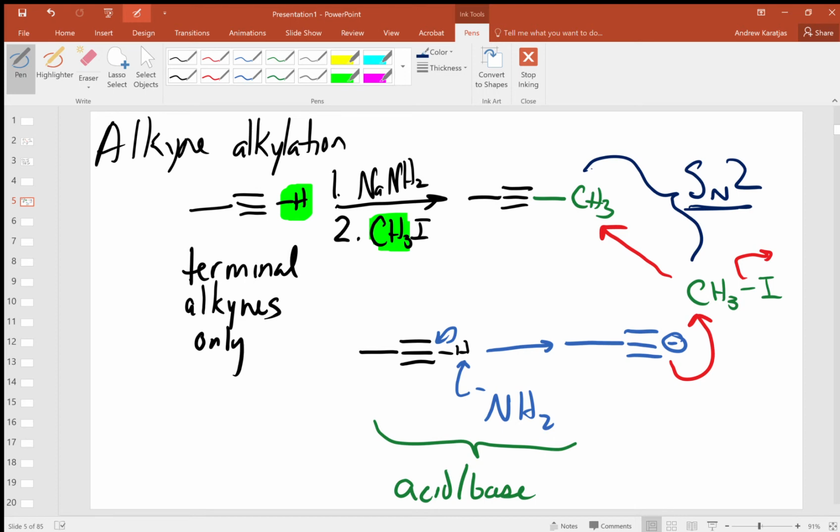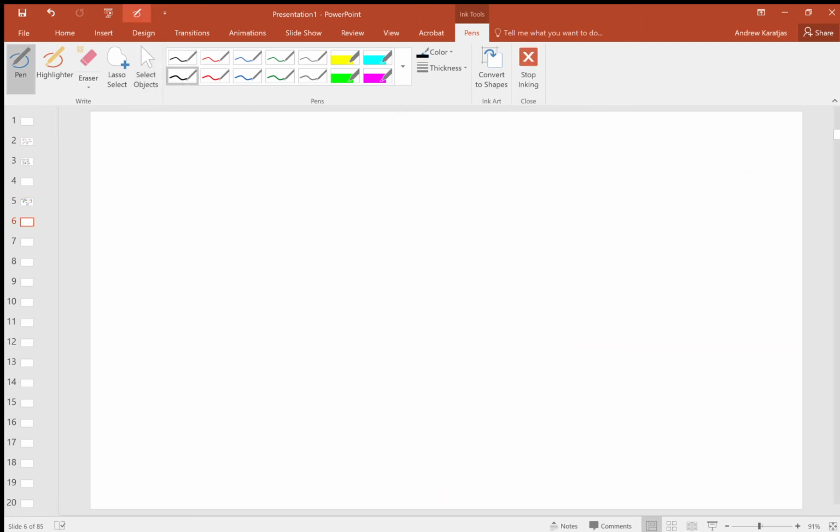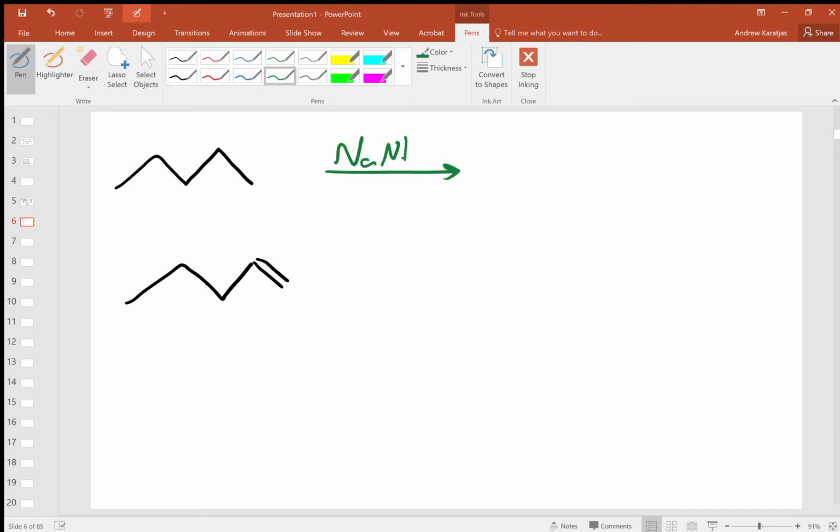So why is this reaction able to work as well as it does? In general, we know that alkanes and alkenes, if we added this same base to it, NaNH2, which is still a relatively strong base, most likely nothing will happen.